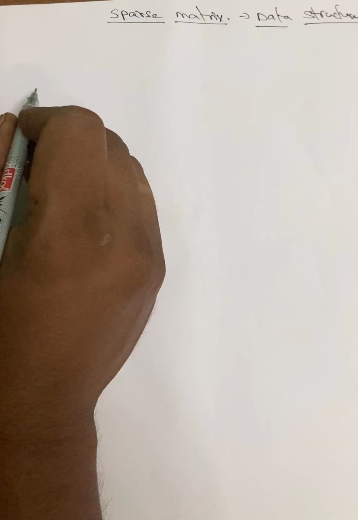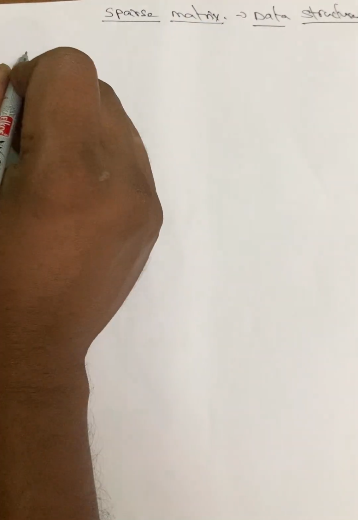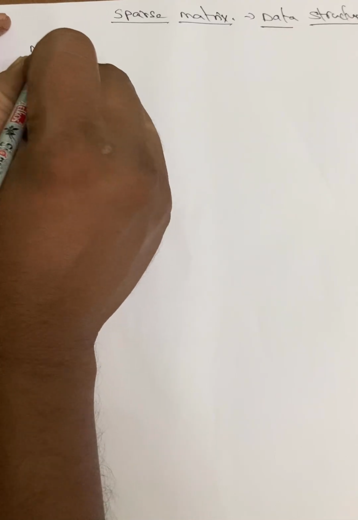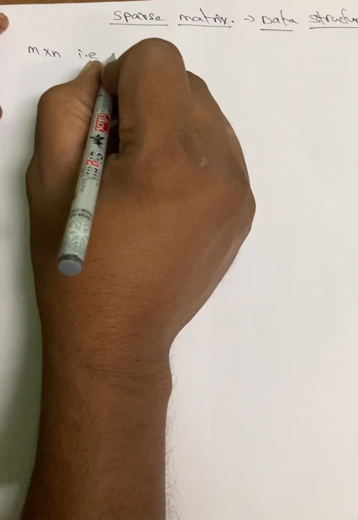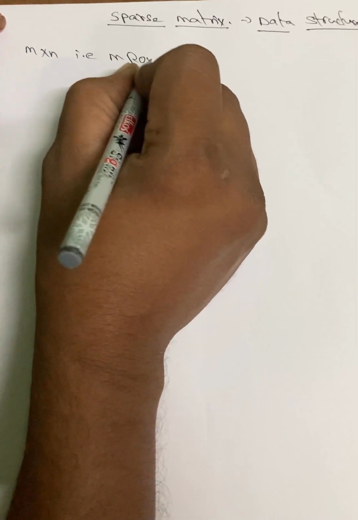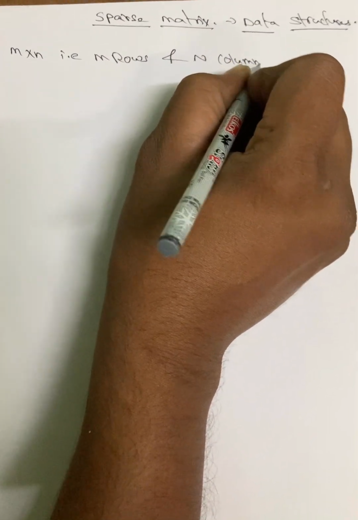What is this sparse matrix? Sparse matrix is also same like a normal matrix, which is having m into n, that is m rows and n columns.